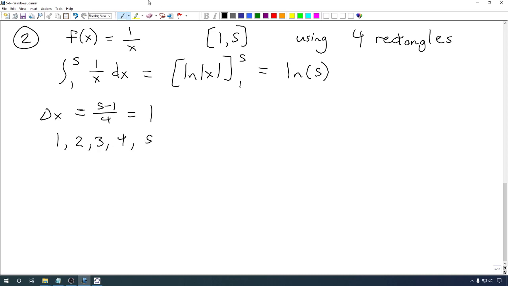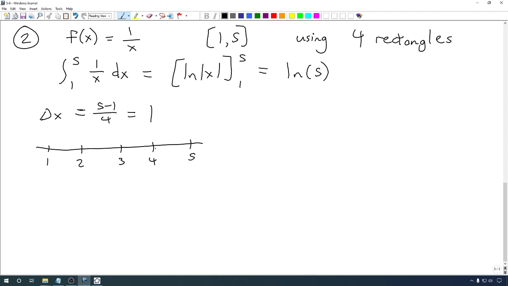Let's make this into a number line. If we were to actually draw a picture of this, maybe we'd go ahead and actually draw rectangles or something like that. But I'm going to make a number line like that.